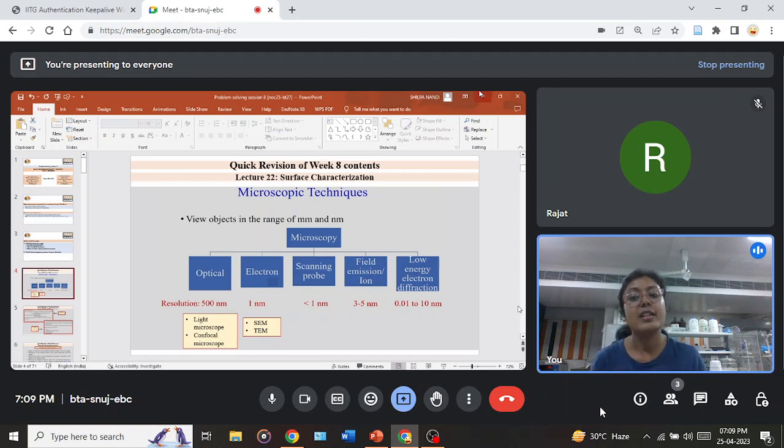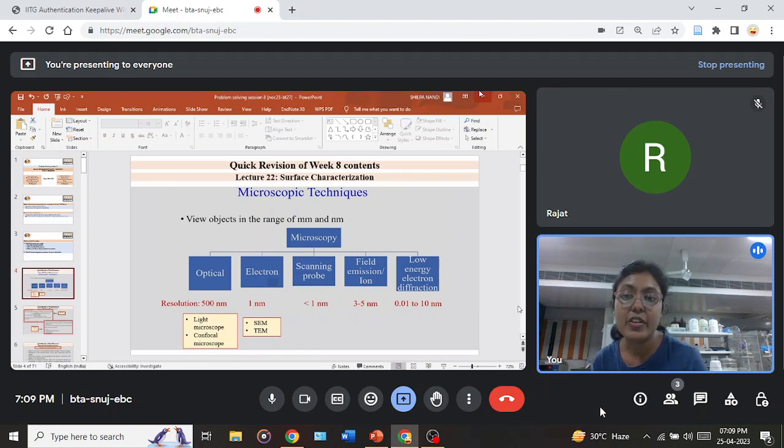If you see the resolution, as we go into the more complex microscopy techniques, the resolution value becomes smaller.